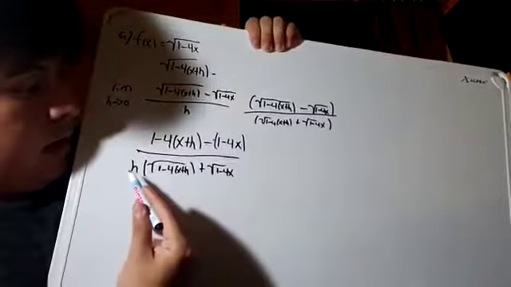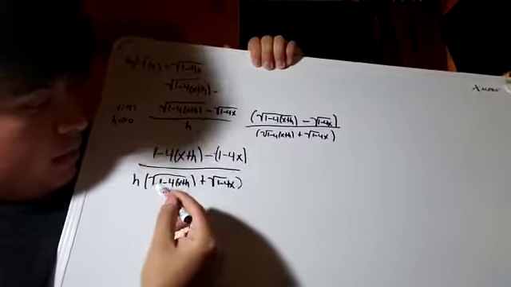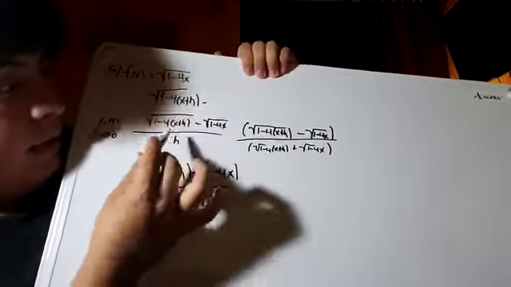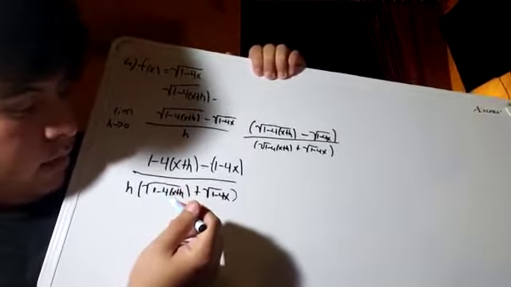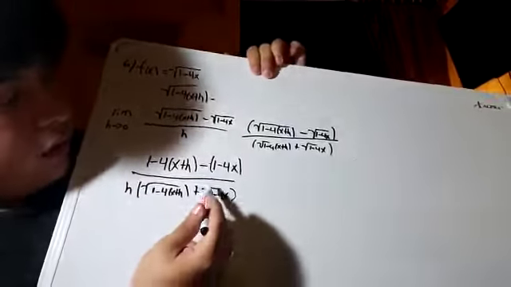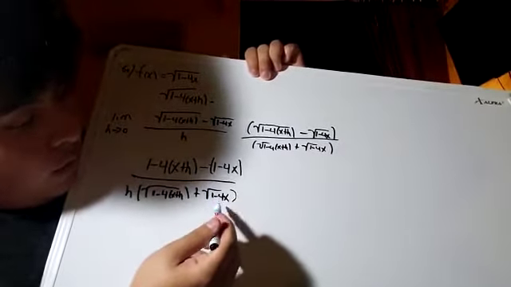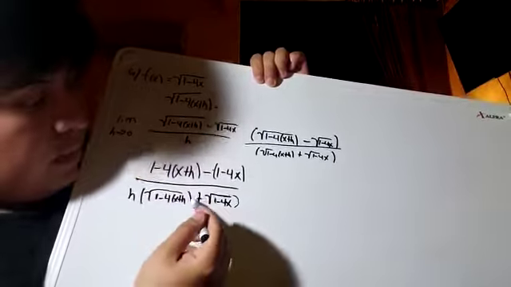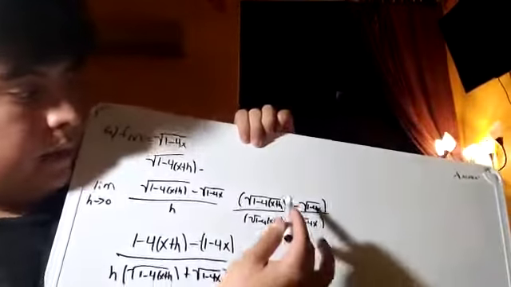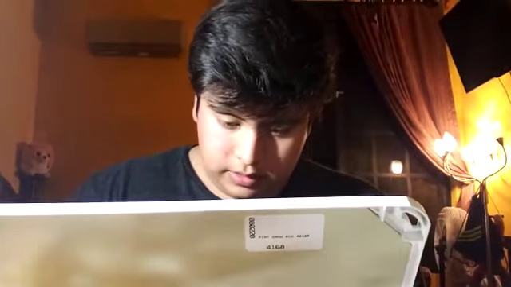And here in the bottom we're going to have h times this whole formula we had before, which is square root of 1 minus 4(x plus h), plus square root of 1 minus 4x. This is a plus because, since we have a minus on the top, we have a plus on the bottom. So now we're going to simplify. We do a FOIL method, so it's going to become something like this.